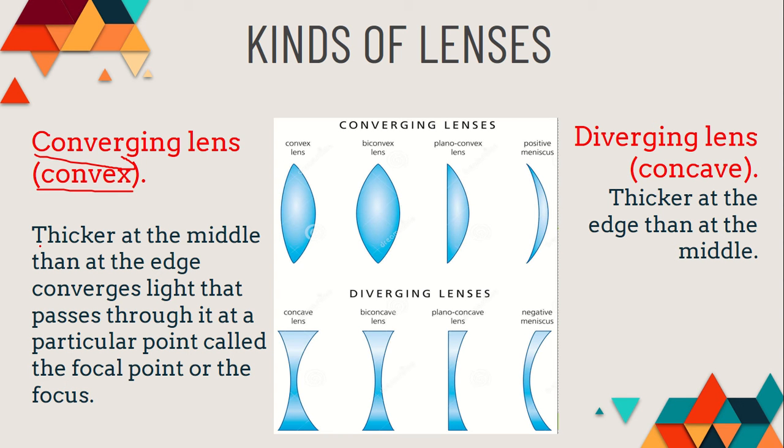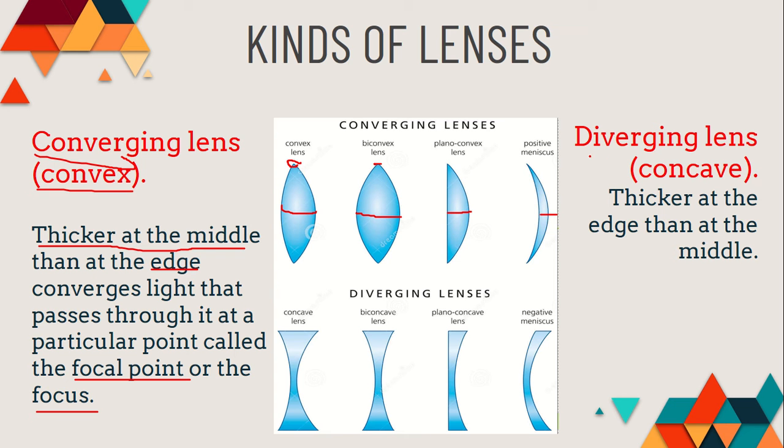So, meaning, it is thicker at the middle, thicker than at the edge. And it converges light that passes through it at a particular point called focal point or the focus. So ito yung ating converging lens.